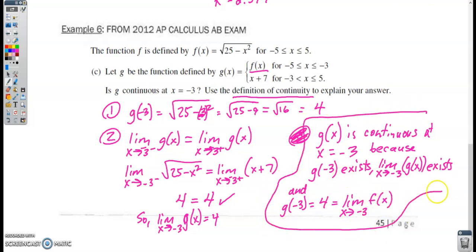And so there's my explanation from the definition of continuity in my 3-step test for continuity.